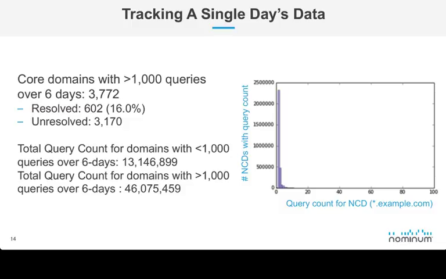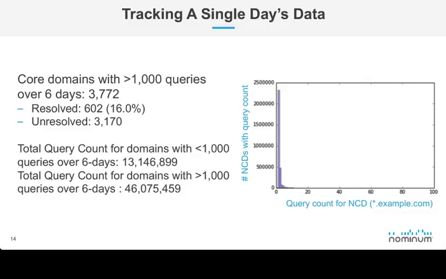And it turned out that there are only a little bit more than 3,000 domains that produced any sizable traffic over the course of the week. That allowed us to look a little bit deeper.